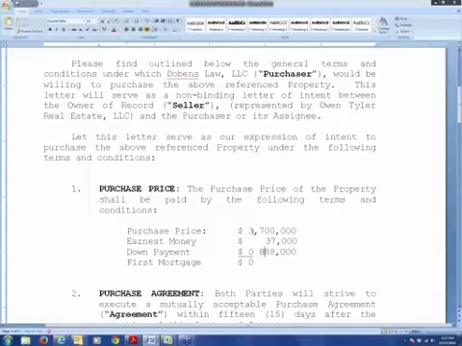All right, so I'm trying to make that nice and line up perfectly. Never does. Okay, so this is going to give me my first mortgage amount of $2.775 million.